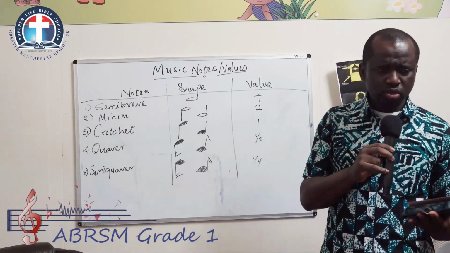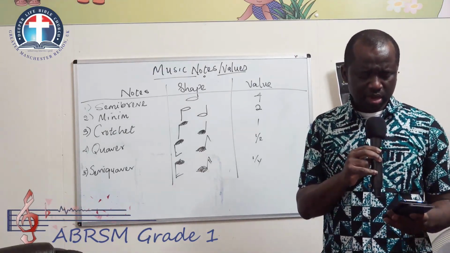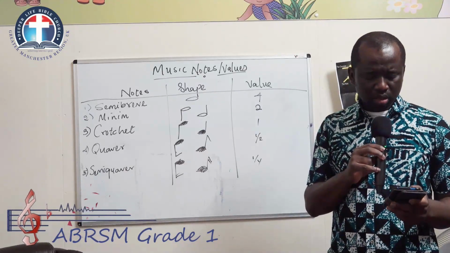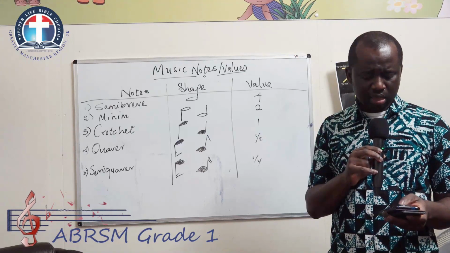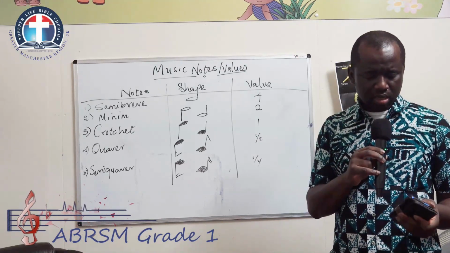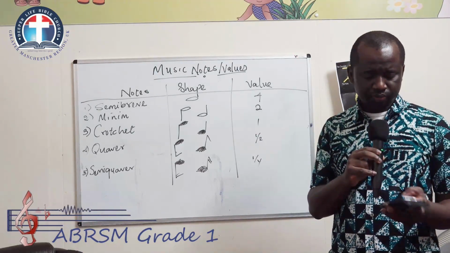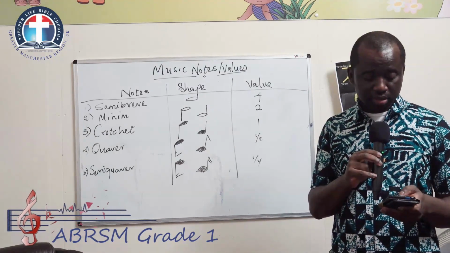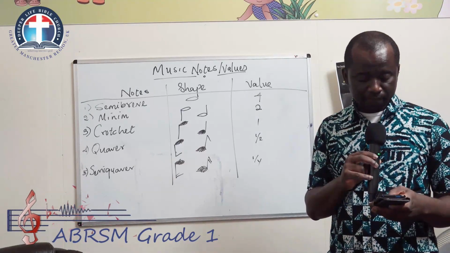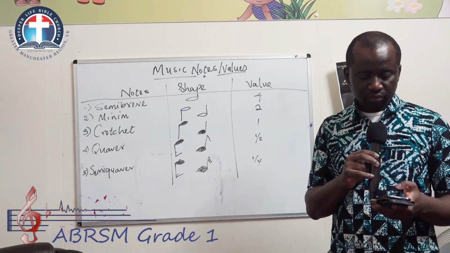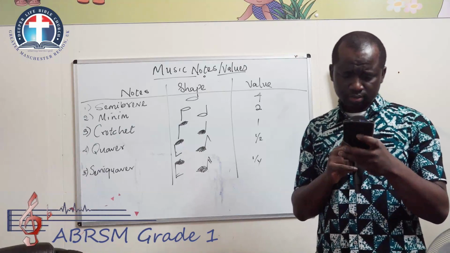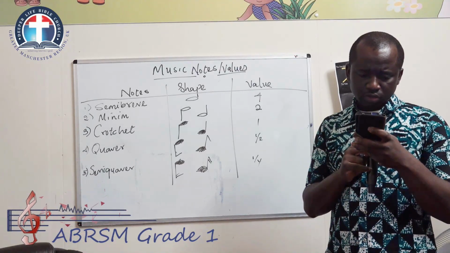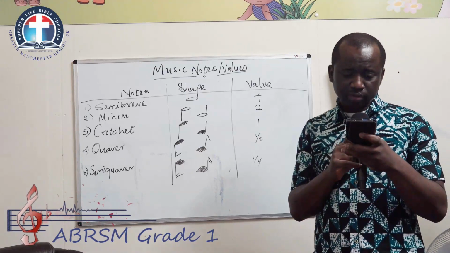Now, if we go back to that exam paper, let's see whether we have something similar that is there. If we go back to the exam paper, so you could see question 1.3.